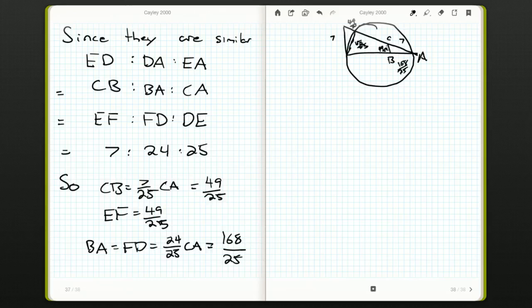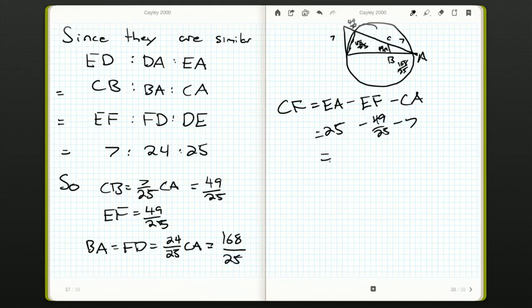And we know this total distance, CF, is EA, which is 25, minus EF, minus CA. That's 25 minus 49 over 25, minus 7. So that's 18 minus 49 over 25, which looks like it'll be 401 over 25.